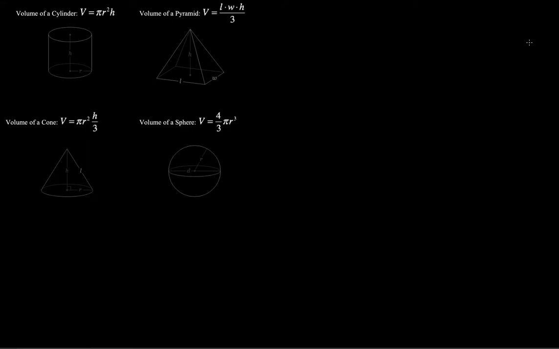So your first group of problems, they're going to give you a cylinder, pyramid, cone, and sphere. And they're going to give you different pieces of that.